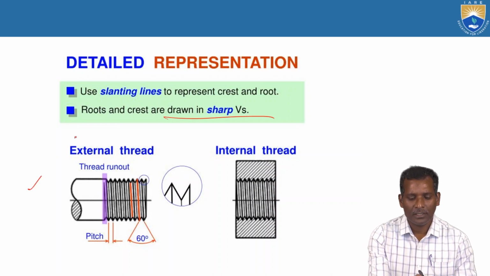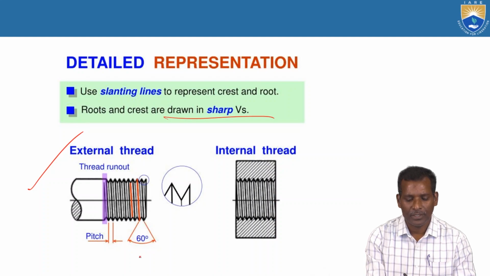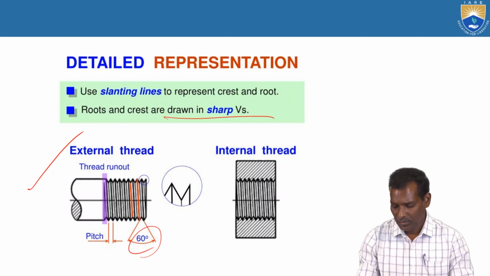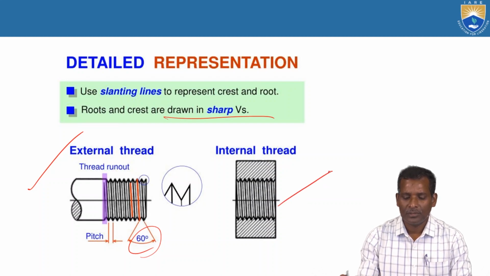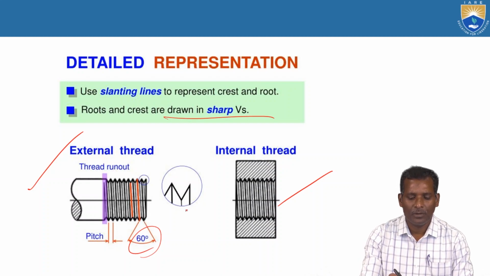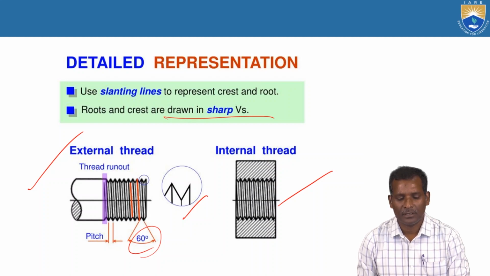Shown in this external thread, and the angle is also mentioned here, 60 degrees. So it's a metric type thread. Internal threads are also shown in this figure. This type of formation of threads is called thread runout.